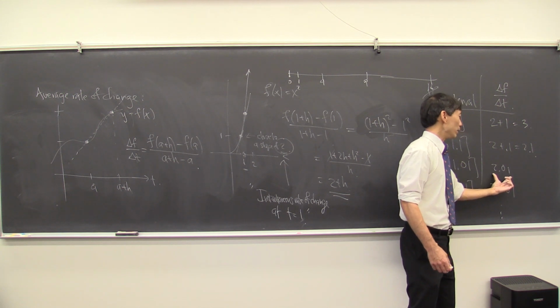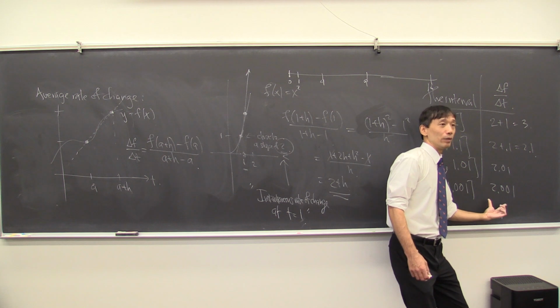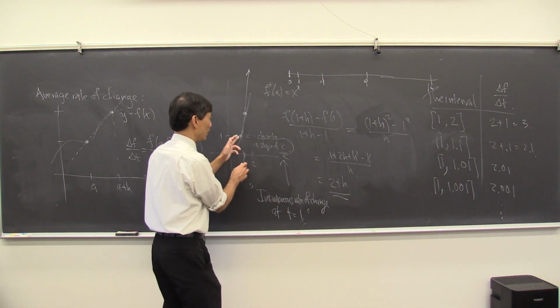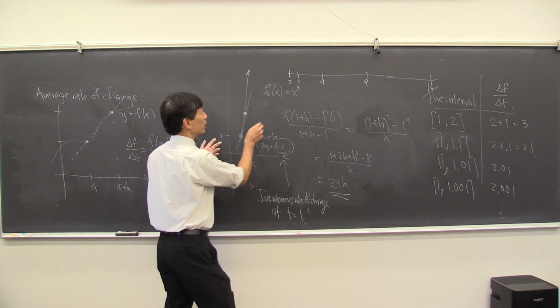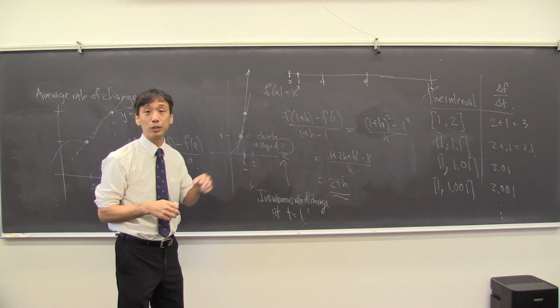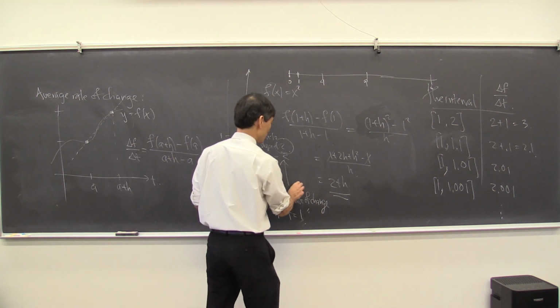The speed over the next smaller interval was 2.01 miles per hour, 2.001 miles per hour, et cetera. So what we say is that at time 1, when it crossed this point, it was traveling exactly 2 miles an hour. So it's like the instantaneous velocity.